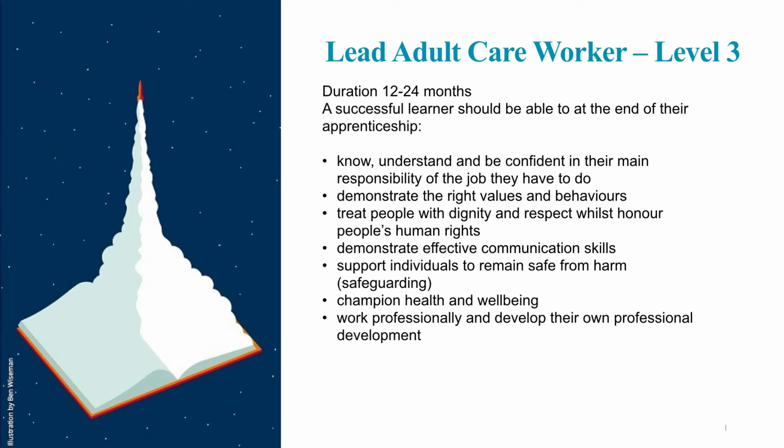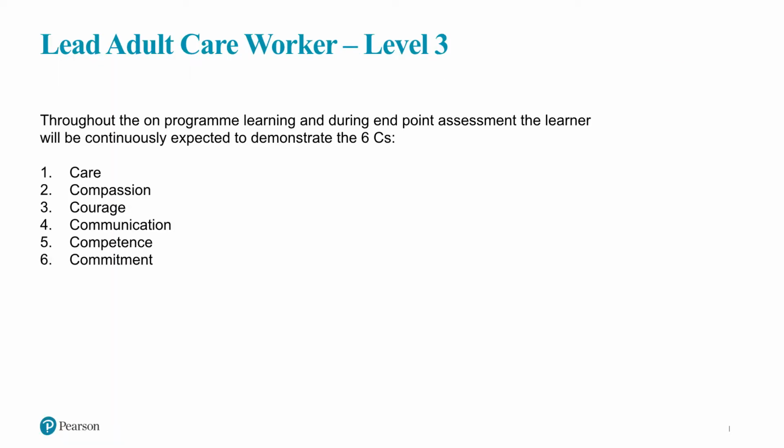And again, the 6 C's run through the heart of that. So again, making sure your learner is up to speed with these 6 C's, that they can confidently refer to them, because as part of the endpoint assessment, the assessor will be talking to them and asking them to reiterate, how did you demonstrate your values and behaviours? And if the learner is familiar with talking about how they demonstrated compassion, it will be of massive help to them.